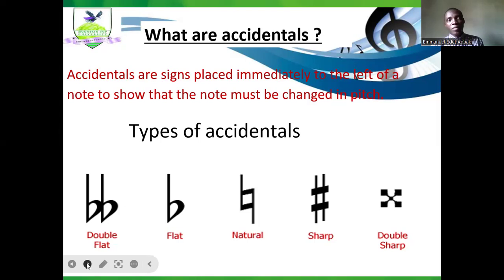You must have heard of tonic solfa before, where we have do, re, mi, fa, sol, la, si, do. That is the tonic solfa of a scale. Now, if we have, for example, a do, the do can become a different note.